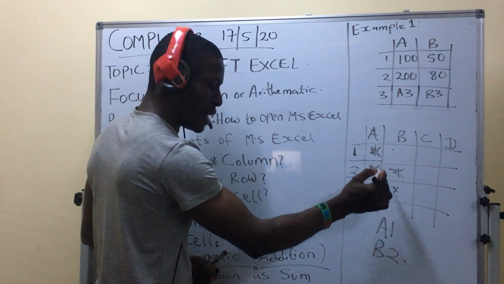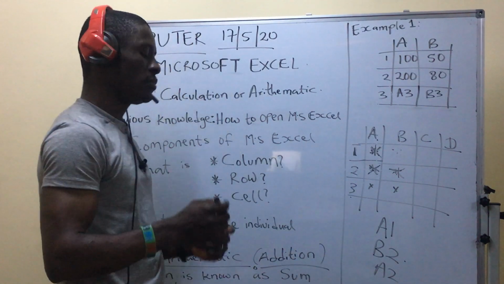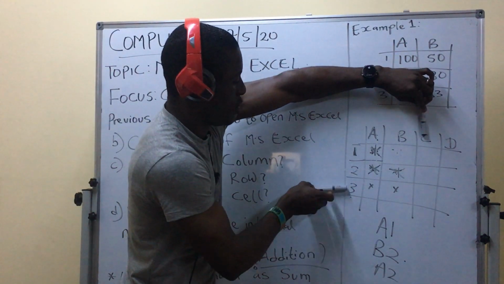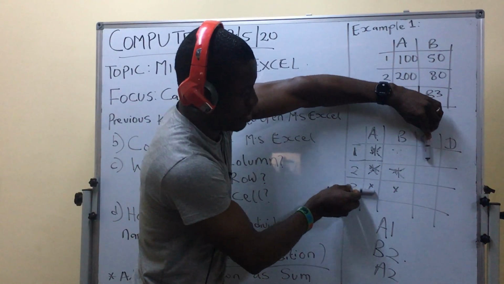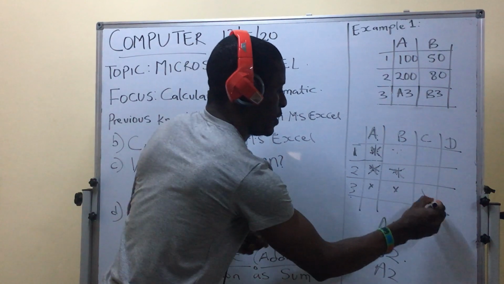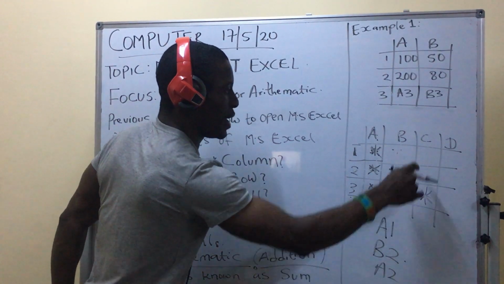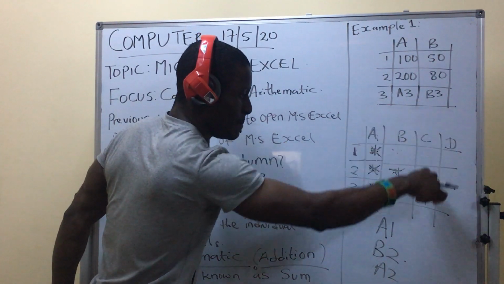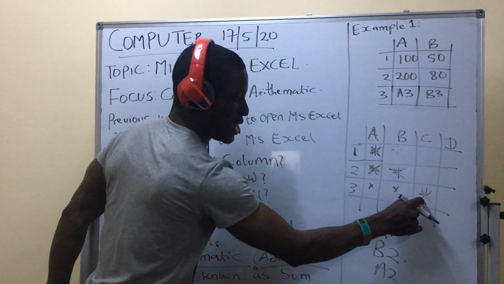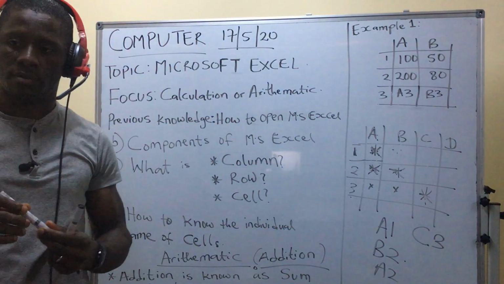So the name of this cell will be A2. Finally, I move from C, move from 3, and then meet here. The name of this cell will be the column that met the row here, which is C met 3, and the name will now be C3.